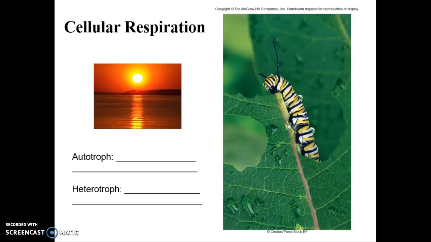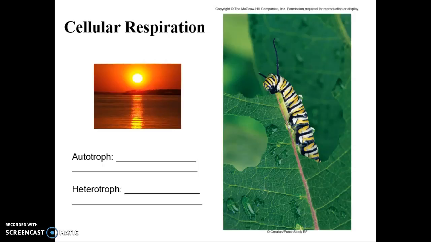When we look at the picture of the leaf on the right, the leaf, the plant, is an autotroph. It uses photosynthesis to gain its energy to then be able to produce ATP. The caterpillar eating the leaf is a heterotroph. That caterpillar eats the leaf to obtain the necessary raw ingredients to produce ATP.